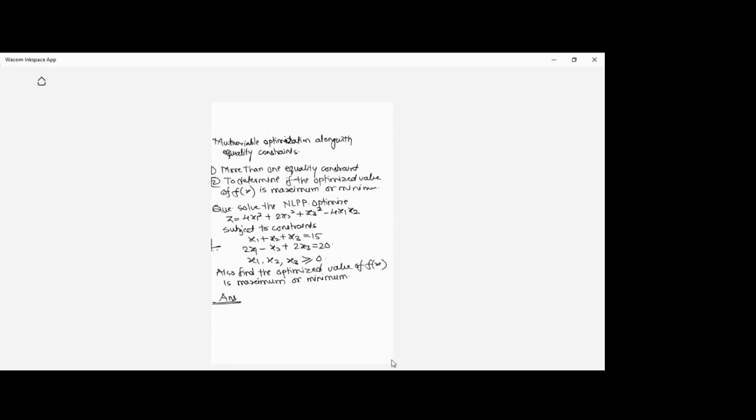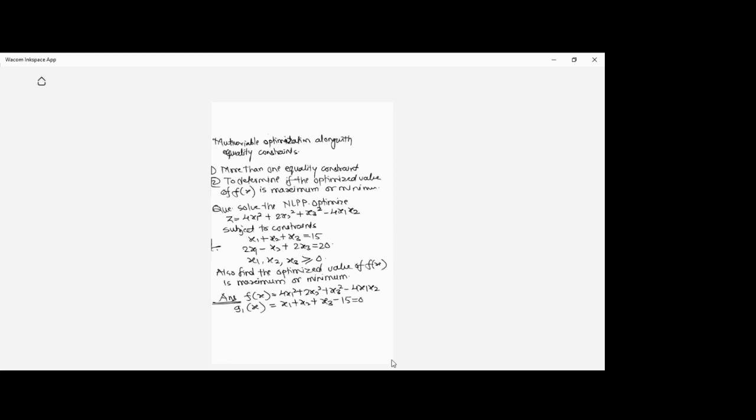All right. So what we have here is f(x), which is 4x1 square plus twice x2 square plus x3 square minus 4x1x2. Then we have the constraint which can be written as g1(x), which is x1 plus x2 plus x3 minus 15 is equal to 0.